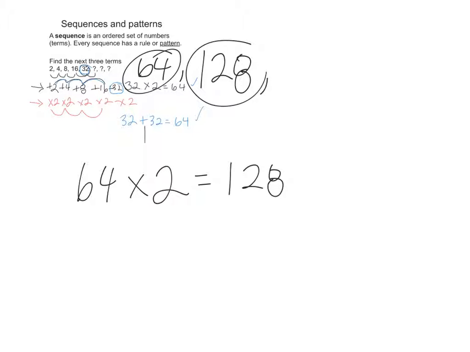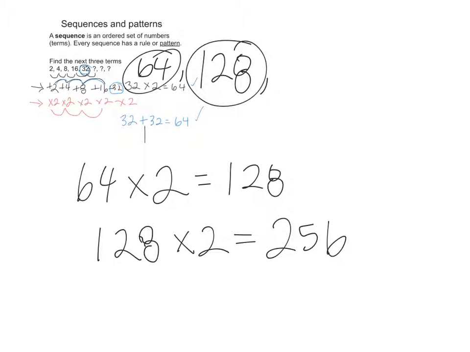And then take that and multiply it again, 128, by my pattern of 2. And that term will be 256, which I would again write up in my sequence. So my answer for the next three terms is going to be 64, 128, and 256.